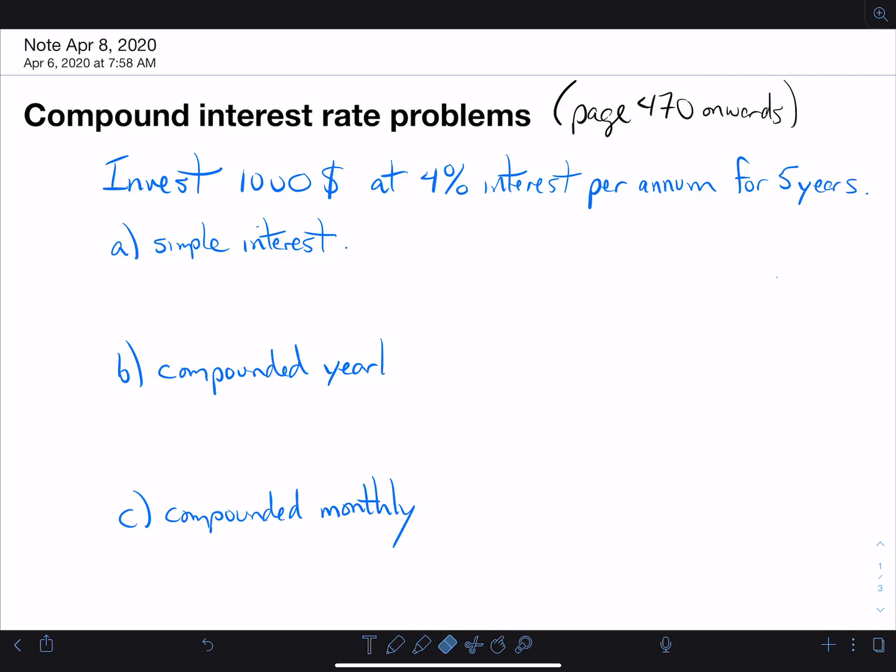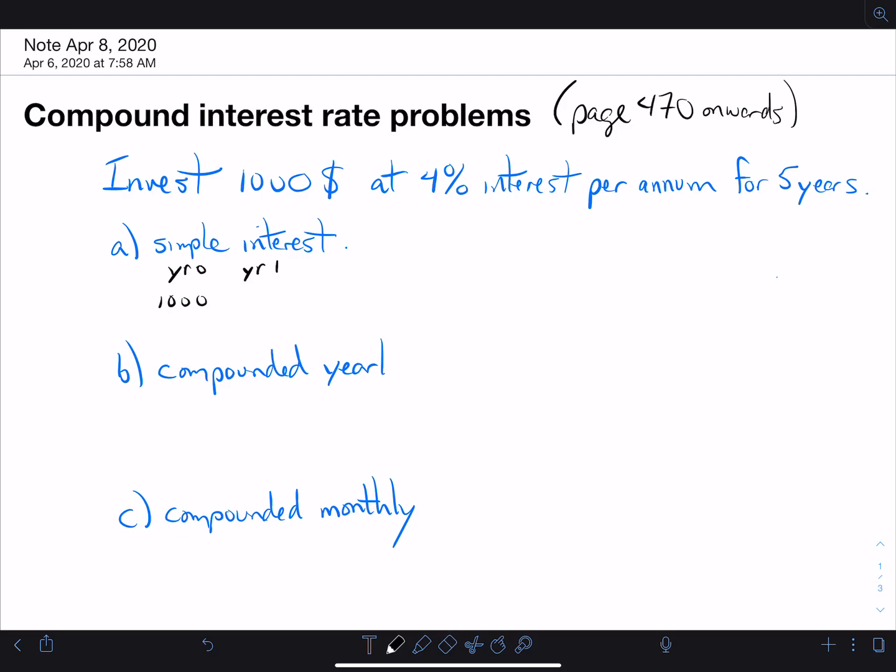If I take a look at something we've looked at before, simple interest, like in this problem, if I invest $1,000 at 4% interest for 5 years, with simple interest you simply get 4% of the original amount, the $1,000. So at the beginning, in year 0, you would have $1,000.